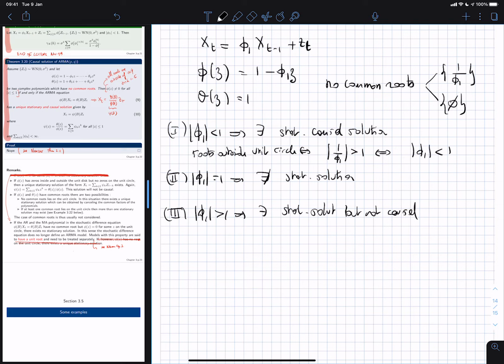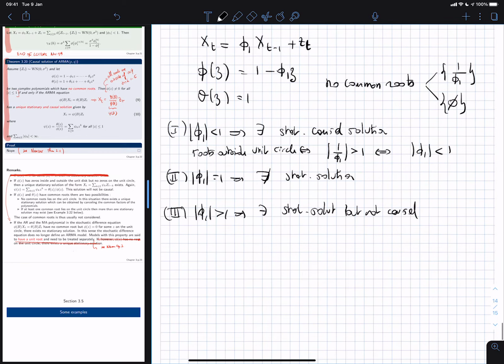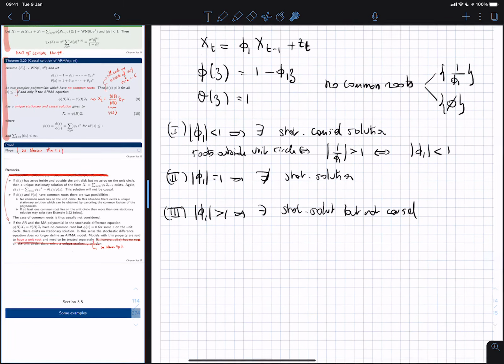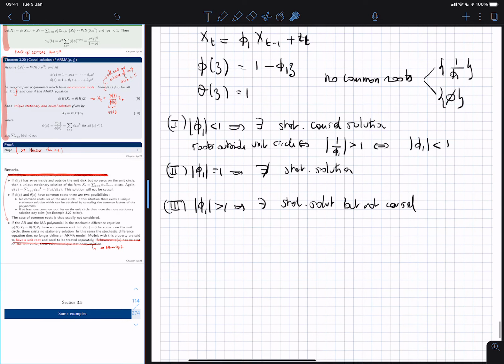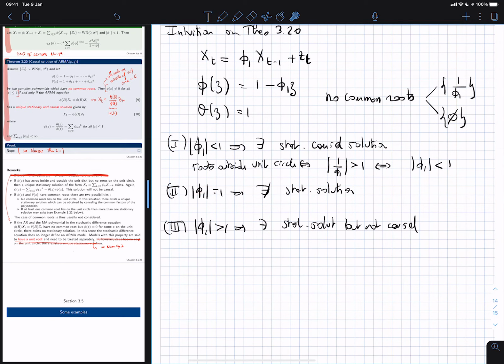Is that okay for everybody? Okay, so the condition that we had already seen in this case is in fact implied by this theorem. Same thing here. If phi1 is equal to 1, then we have a root on the unit circle in dimension 1.